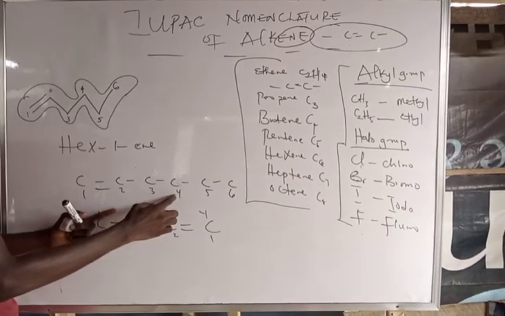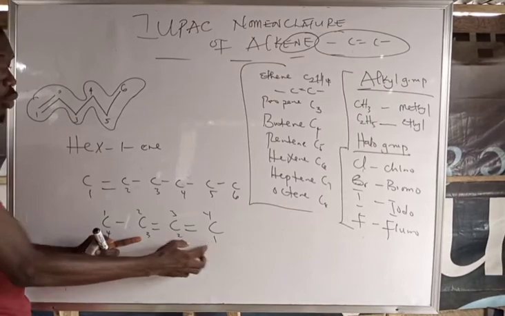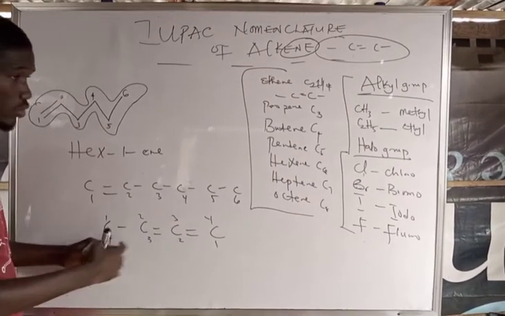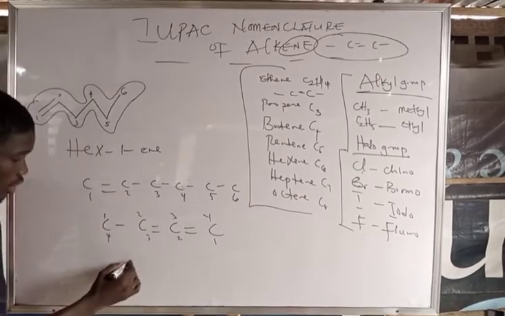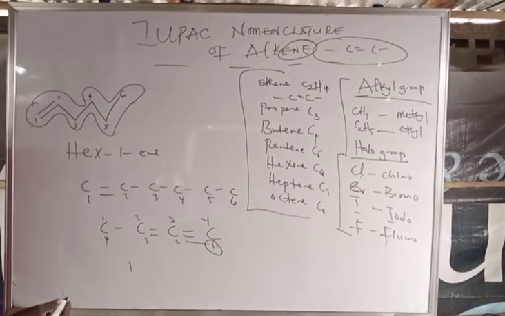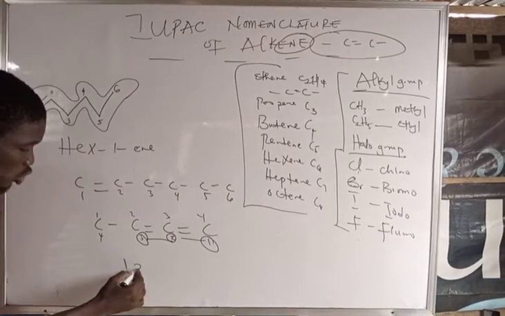So 2,3-diene is wrong. Rather, we pick 1,2. This one will give us 1 because of the value associated with this double bond. Are you getting it now? So we call it 1,2.